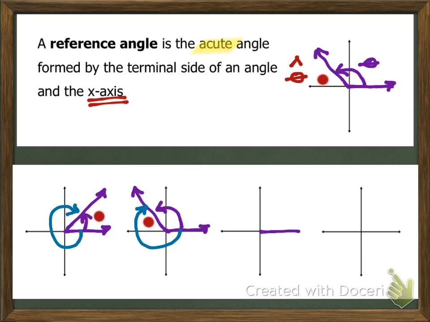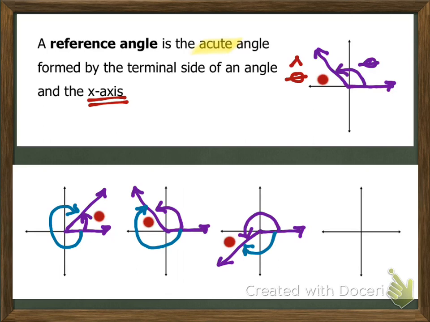If we're in the third quadrant here, and we go around this direction, my reference angle is right there from the end to the x-axis. If we choose to do a negative angle and we go around the other direction, the red dot is still my reference angle.